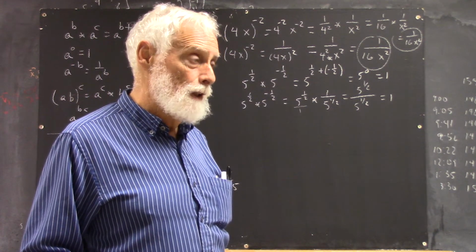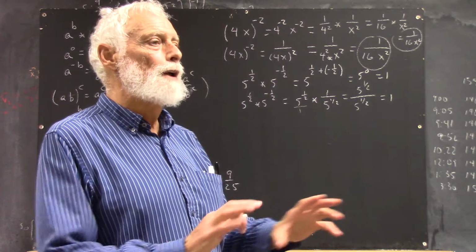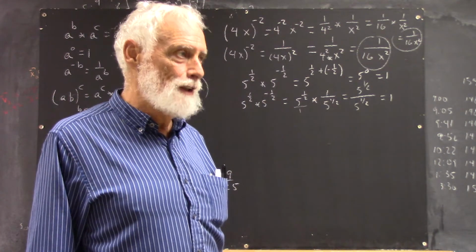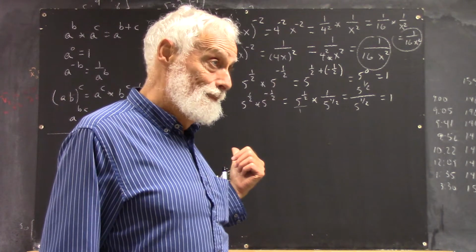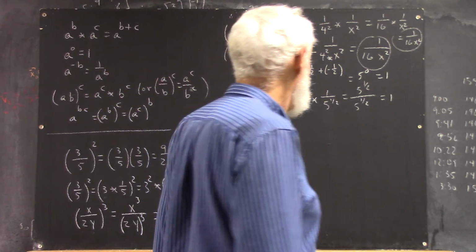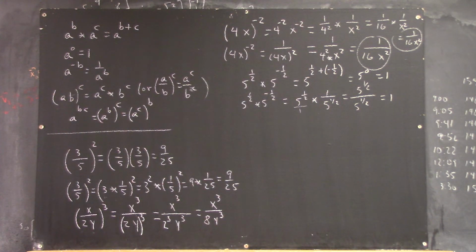They weren't just handed down on a stone tablet. They're the things that make our number system consistent. A lot of our calculations wouldn't make sense if we had different laws. Here's what makes sense in terms of the real world. Okay, so anyhow, that's what we have. That's good.